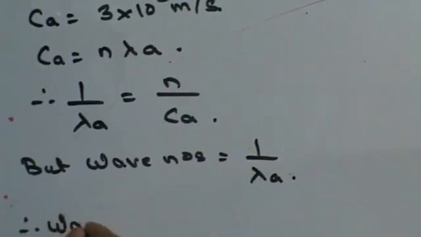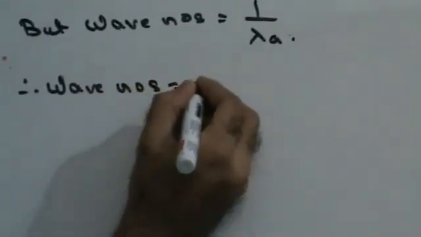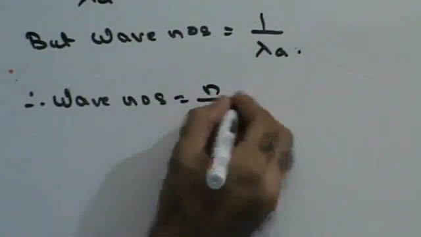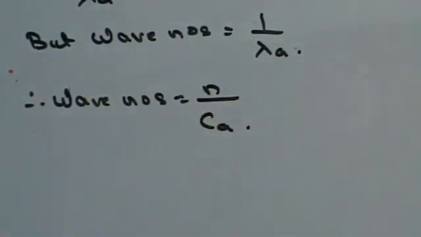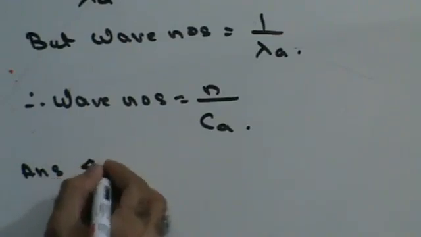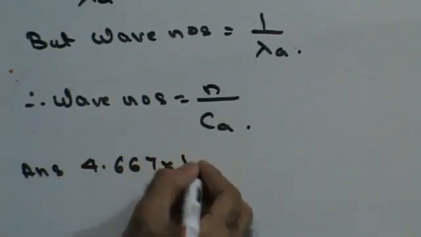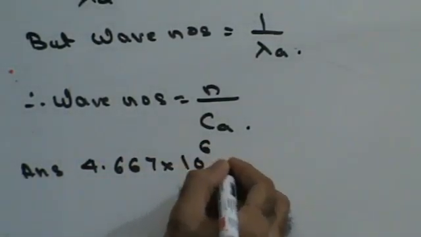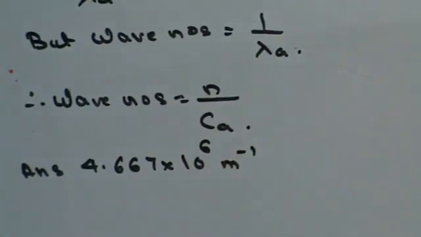Therefore here your wave number is going to be nothing but frequency upon velocity. You have both the values, you should be able to substitute and get the answer. The answer for this sum should be 4.667 into 10 raised to 6 per meter. Right? Take our next one, please.